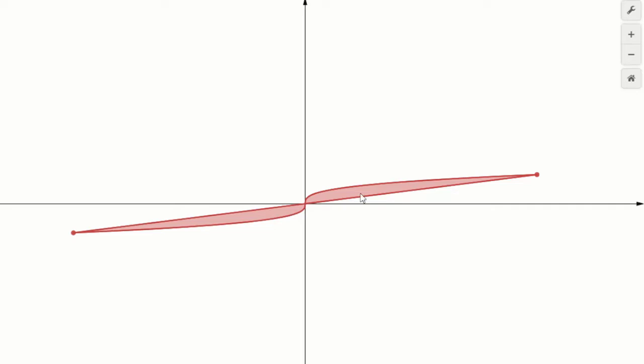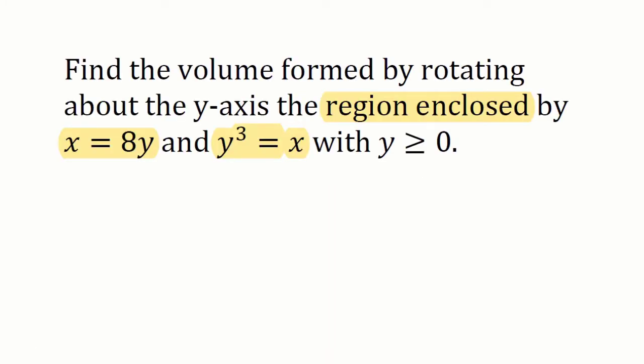But since we're still having two shaded areas here, let's look back at the wording description of the problem one more time. The description says we want the region enclosed by the two curves, but on the other hand, we have another requirement here. We want the area that satisfies y being greater than or equal to 0.